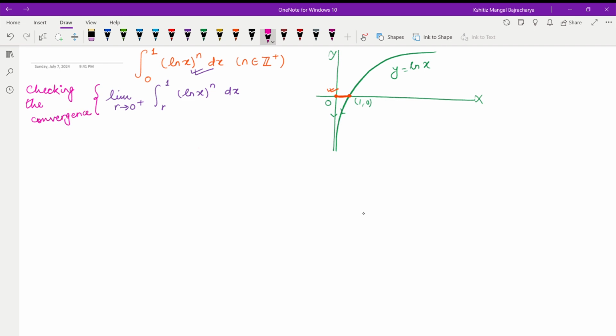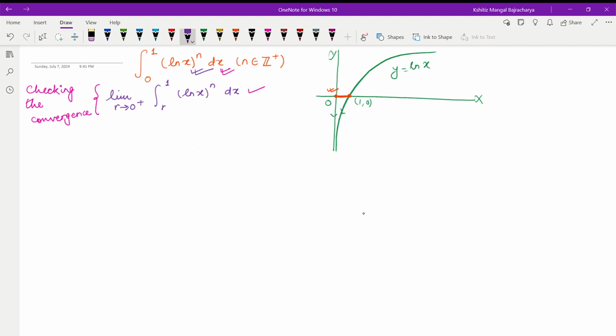If this limit exists, then we say that this integral is convergent, and if this reduces to some value k, then the value of this integral will be equal to k. We're using the definition of an improper integral.